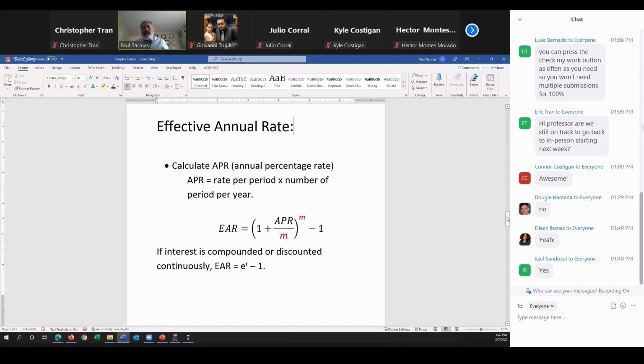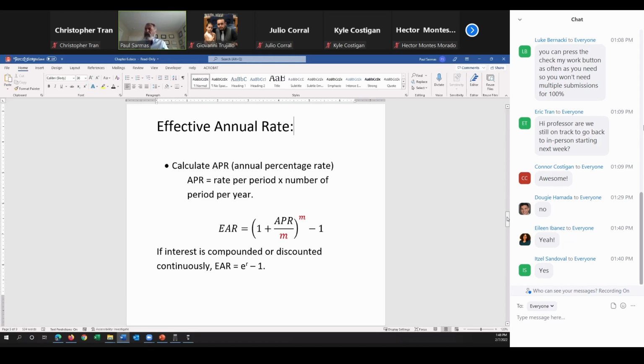The law says, according to the Truth in Lending Act, financial institutions have to quote interest rates as annual percentage rate, in other words, on a per year basis.